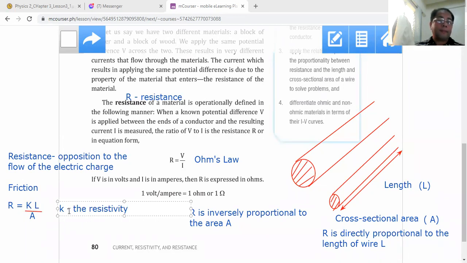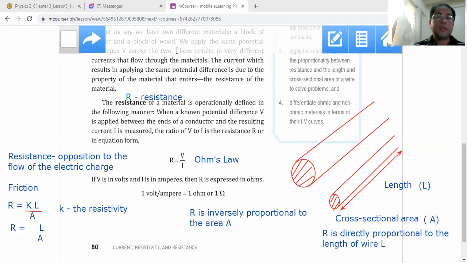So K is the resistivity, and since a lot of symbols use K as a constant, to distinguish it from other constants, let us use instead this rho symbol.